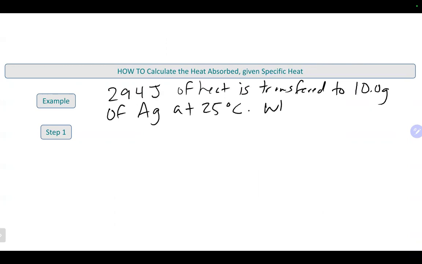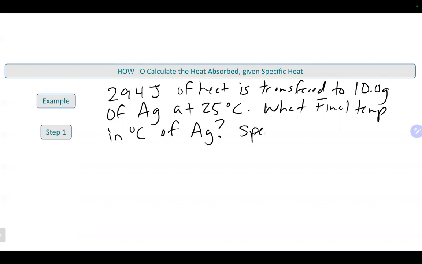What is the final temperature in degrees Celsius of silver? The specific heat capacity of silver is 0.24 joules per gram per degree Celsius. All right, so take a couple minutes, see what you come up with. We're looking for a final temperature in this particular problem.